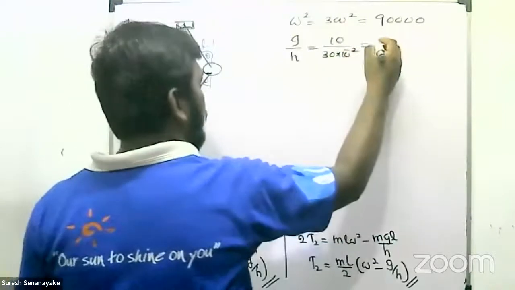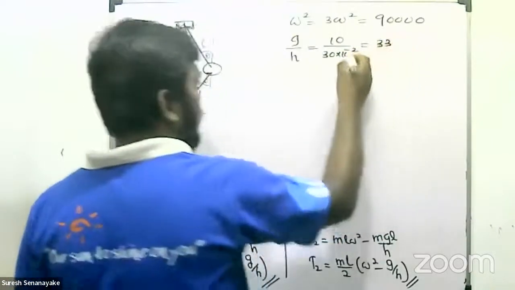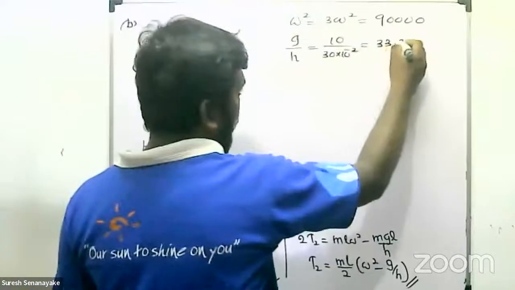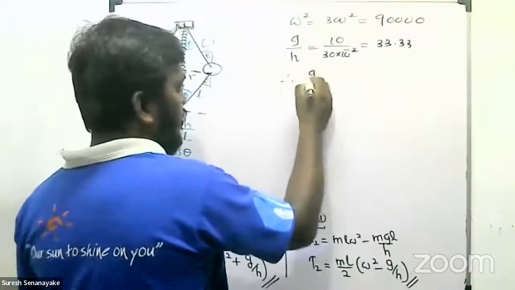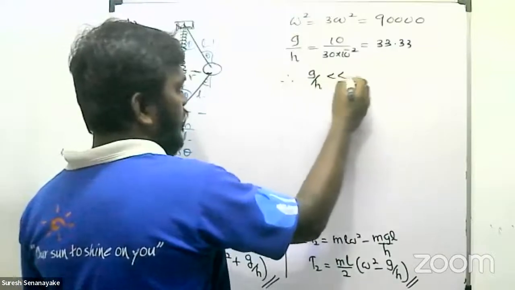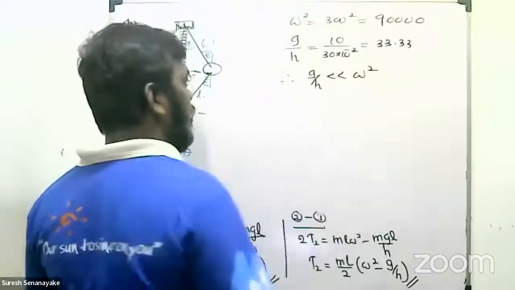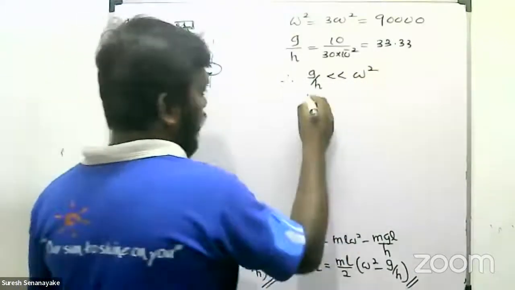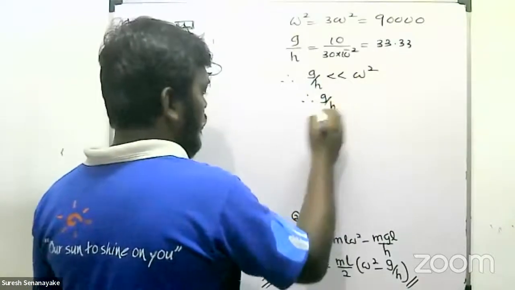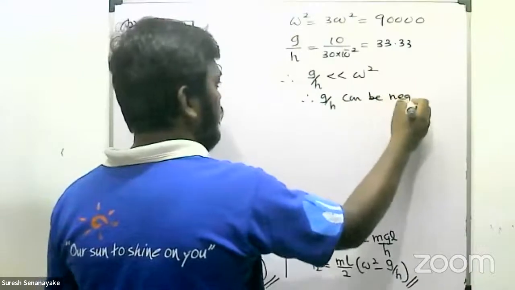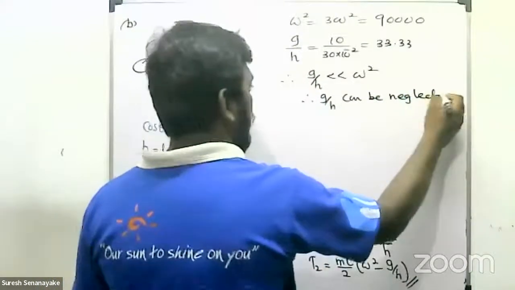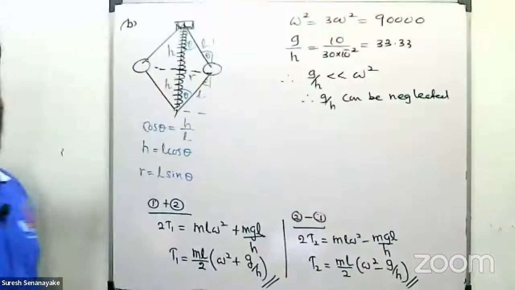Simplifying this, 1000 divided by 30, 33.33. So therefore, the g over H is very small compared to this omega square. So we can write that the g over H can be neglected.